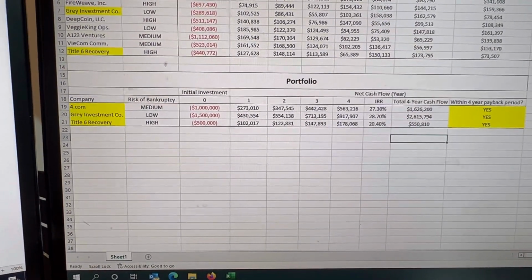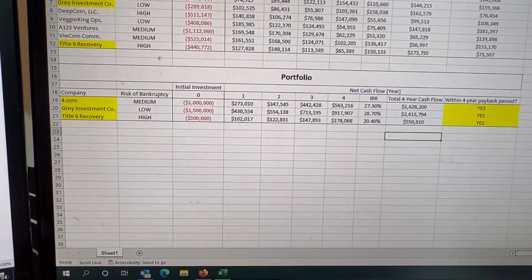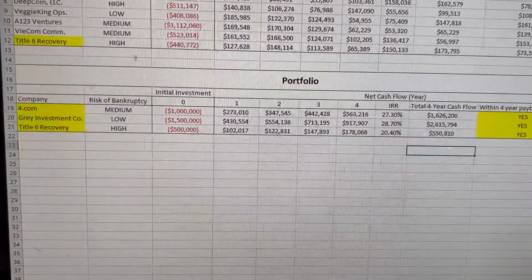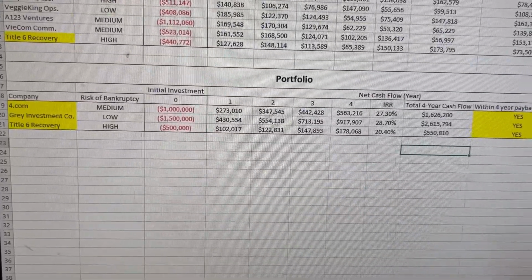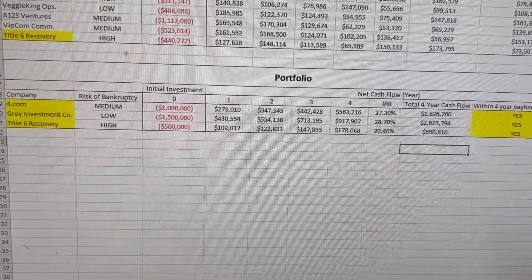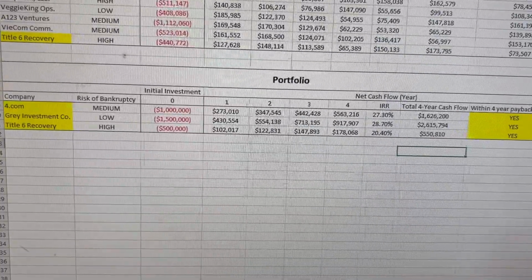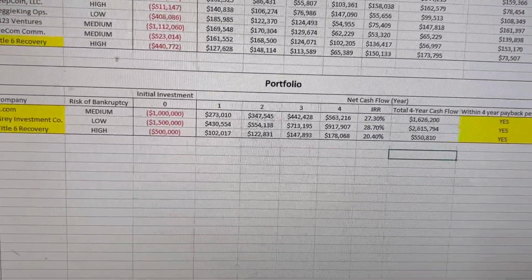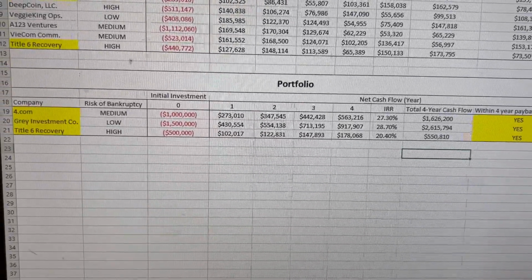And this is why I invested $1.5 million into Gray Investment Company, right here in the middle, $1 million into Four.com, right above it, and $500,000 into Title Six Recovery, which is the third one.